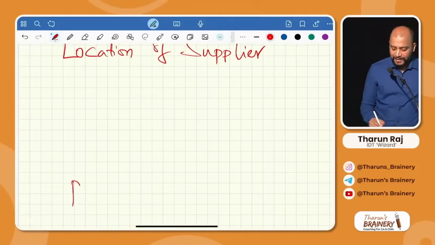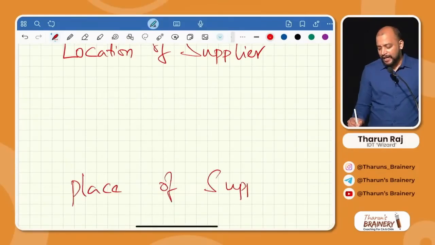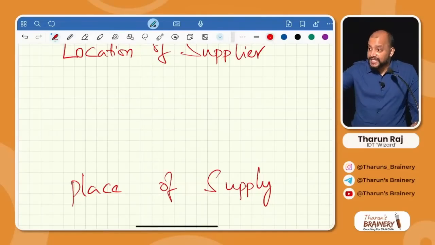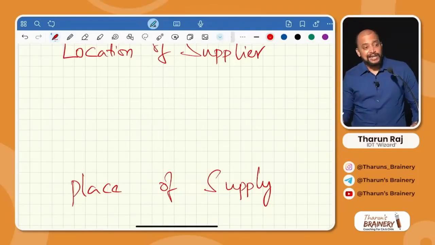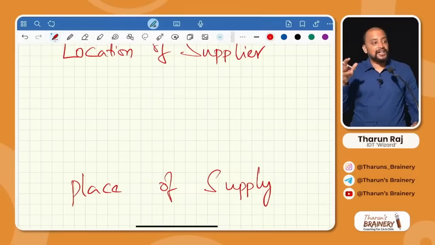And place of supply. Place of supply will be determined depending upon each and every transaction. For some transactions, place of supply will be the location of recipient. For some transactions, wherever the ending point of goods happens, for some wherever the service is actually performed, like that the place of supply differs for different transactions. We will be learning that later.